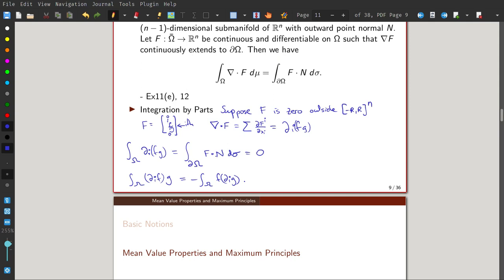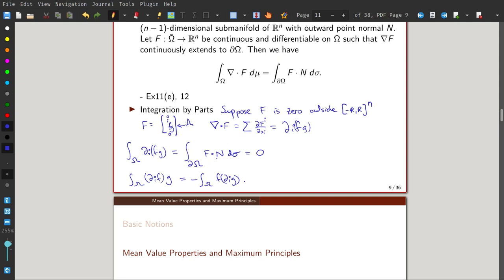The normal points in a direction, say on the kth side, it would point in the direction with a 1 in the kth component, and then if that's not equal to the ith component, their dot product would be 0. So you would only end up with 2 sides of the box left to integrate. Let's say the top and the bottom. And then you would have the integral over there.